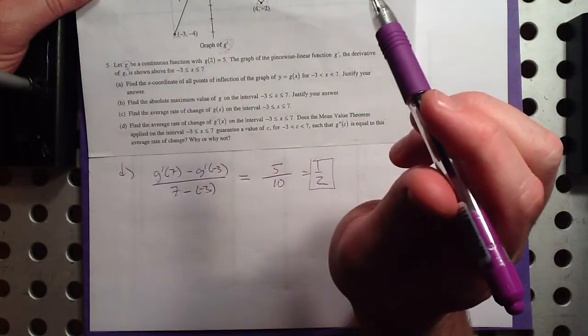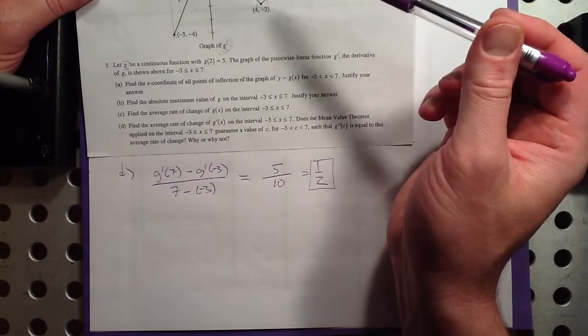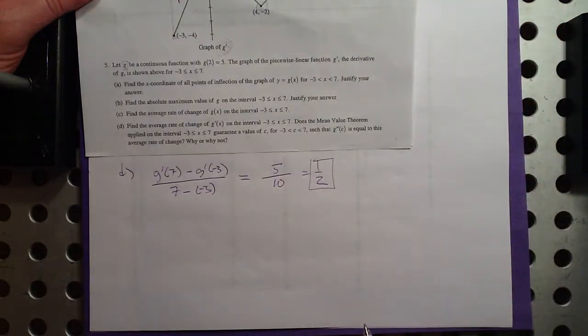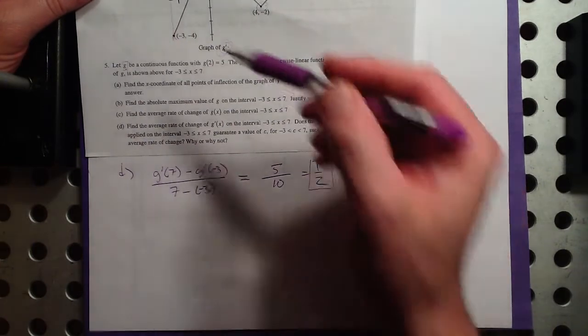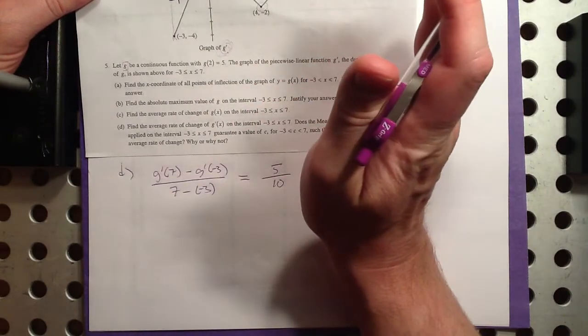And that does not apply here. Think about that for a second. Maybe pause and come back and you can write down why. So why not? Because this does have sharp corners, so the mean value theorem does not apply.